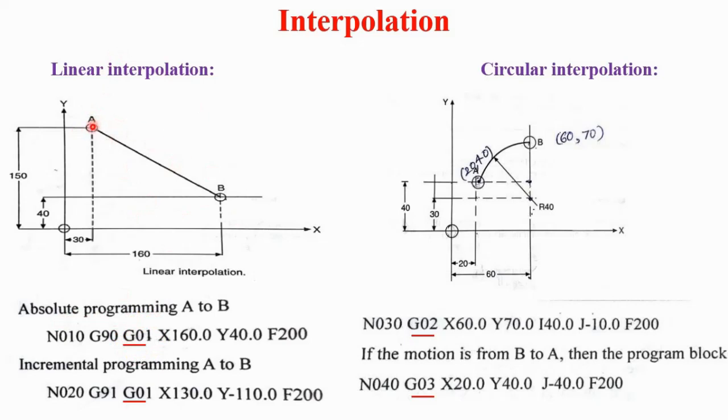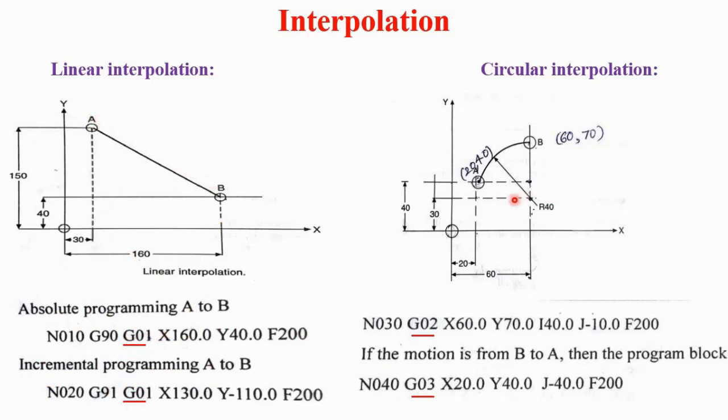The tool moves in the linear direction only, from point A to point B. Here, absolute programming from A to B and incremental programming from A to B are shown, two blocks, where G01 is used in both cases for linear movement of the tool.